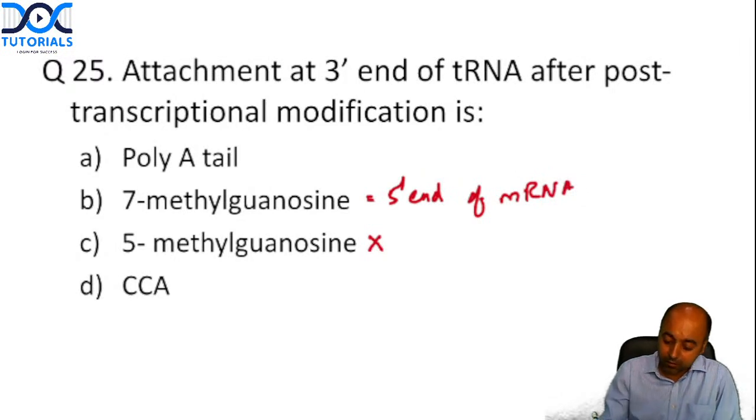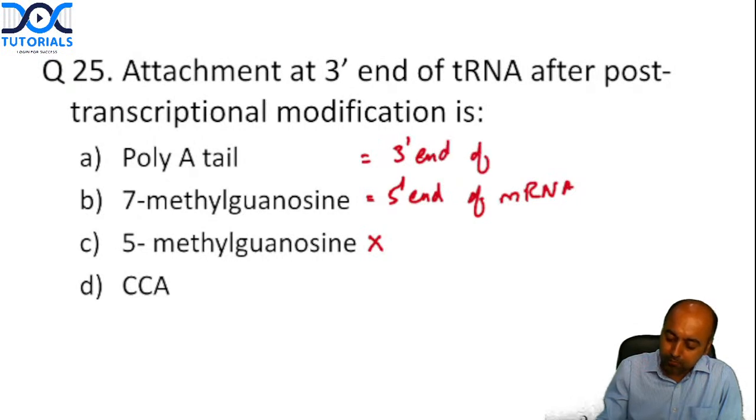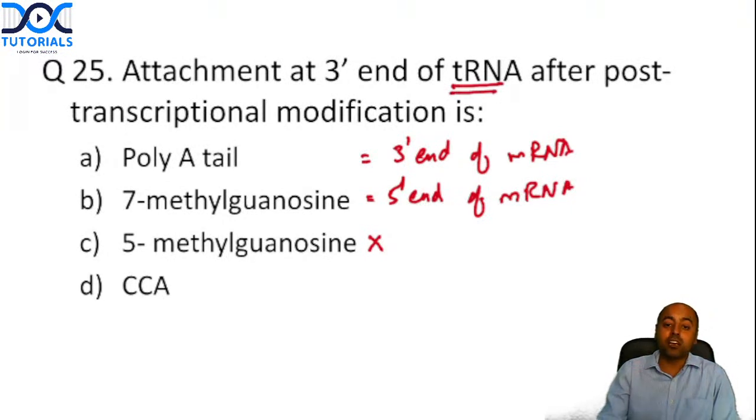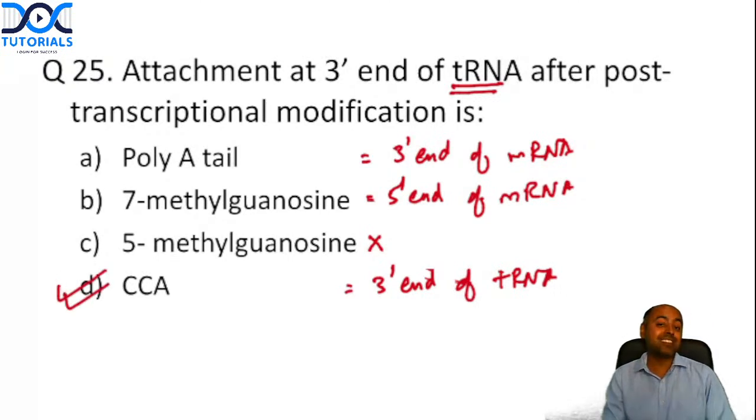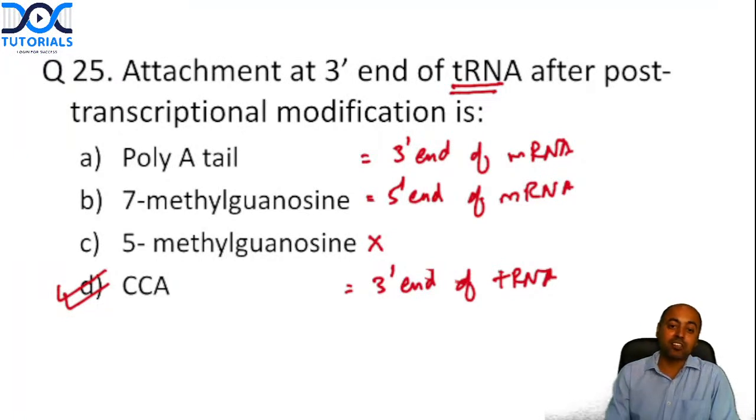Similarly, the poly A tail is present at the 3' end of the messenger RNA, but please note the question is asking about the tRNA. So the CCA is present at the 3' end of the tRNA. Your answer should be CCA, not the poly A tail, which most of the students marked when this question was given. The CCA is the correct answer.